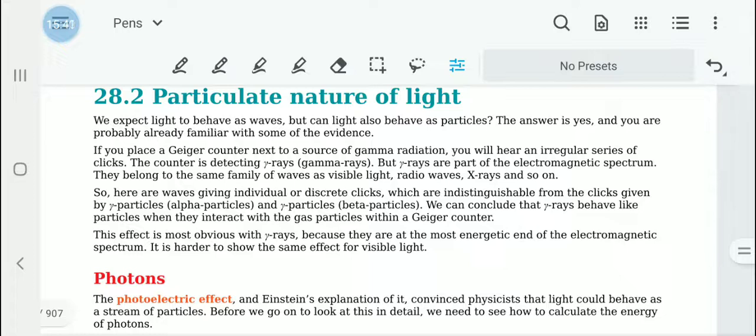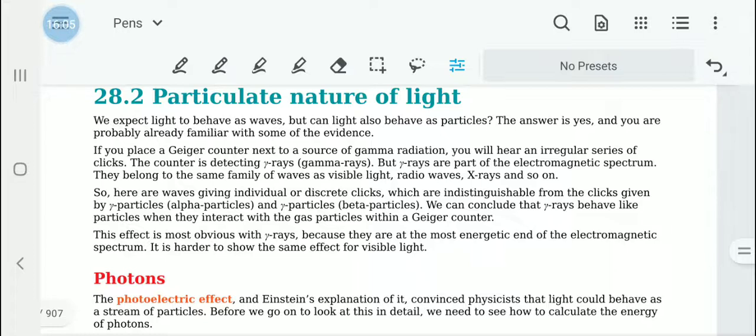Now, if we place a Geiger counter, an instrument that can be used to measure electromagnetic nuclear radiation, near a source of gamma radiation, we will hear clicks.